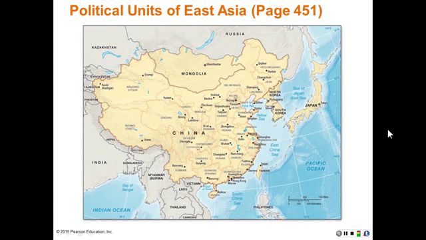Here we see a map of the political units of East Asia. We've already talked about the national regions. Primarily, we take a look here at the numbers of different political units in eastern China.